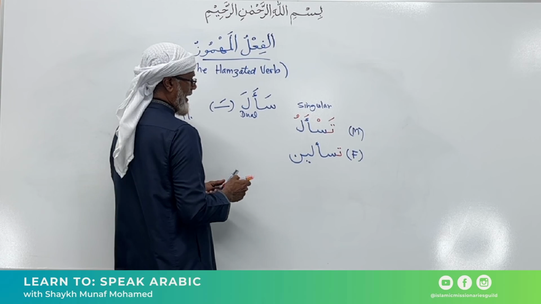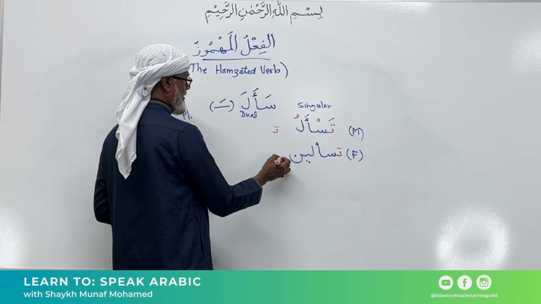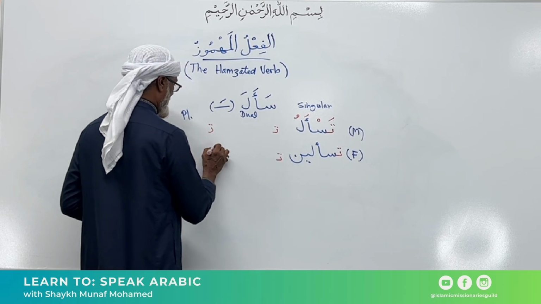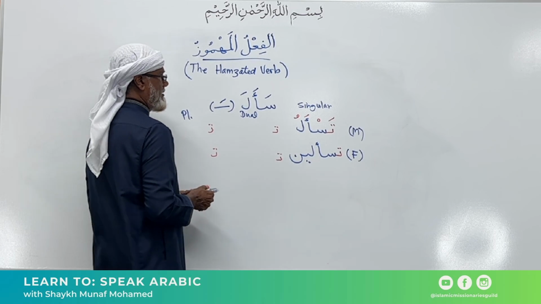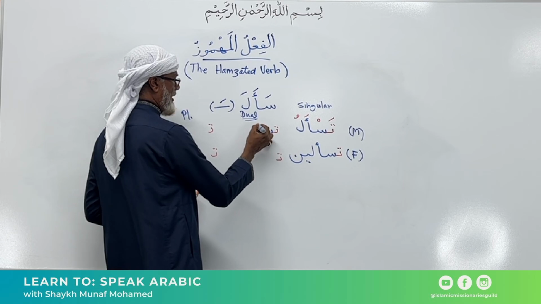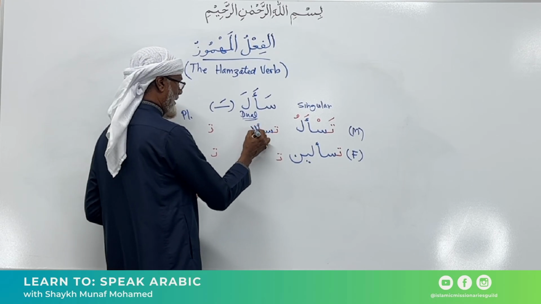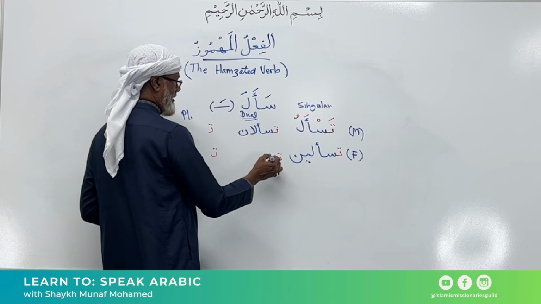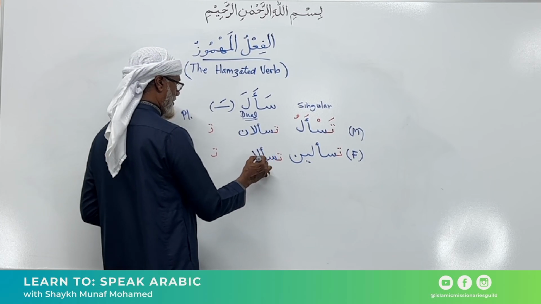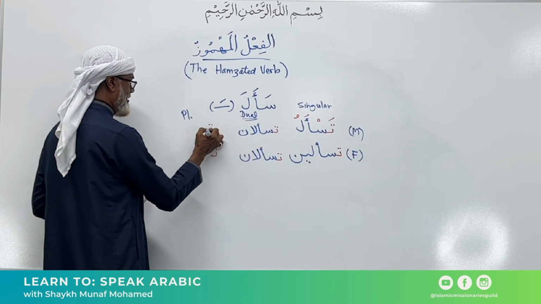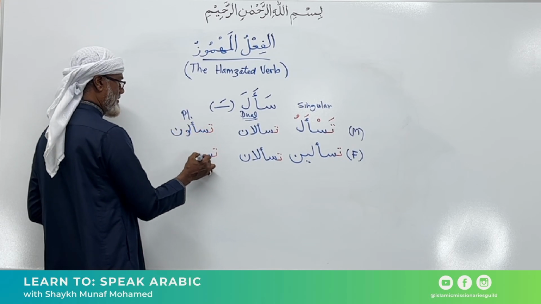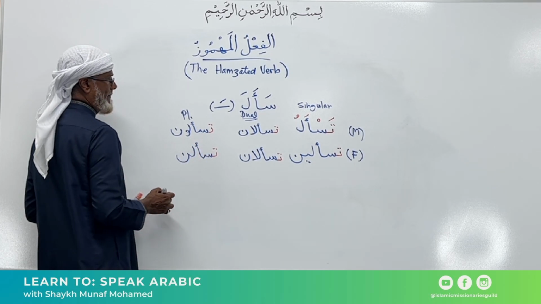All of them begin with ta. Ta. Ta. Ta. Ta. All right? Dual column. Tas'alani. And here is what? Tas'alani. Tas'aluna. And tas'alna.